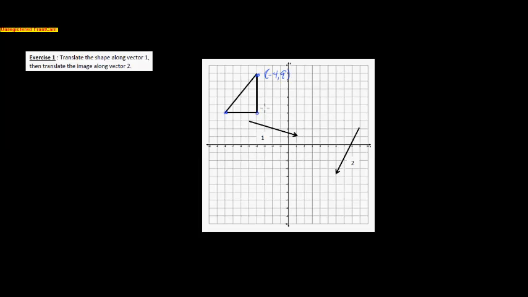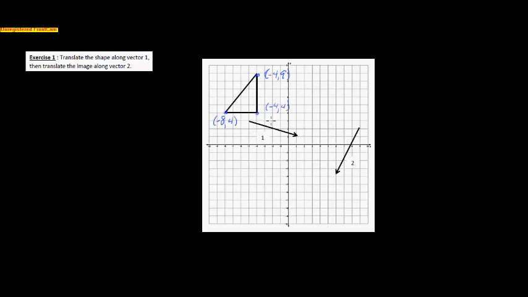And this point right here is going to be -4, 4. And this point right here, 5, 6, 7, 8, that is the point -8, 4.